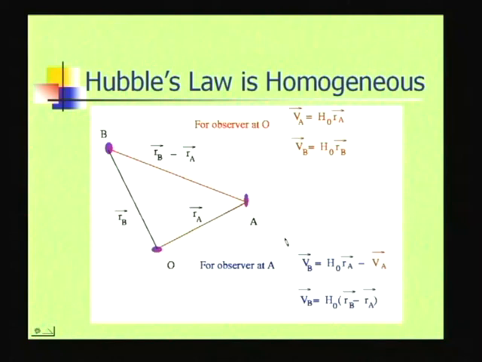Now, I have done this derivation using the Galilean law of transformation of velocities. Now, we know that the Galilean law of transformation of velocities really is not correct. It only holds if you are going from one frame to another where the difference in the speed is quite small.